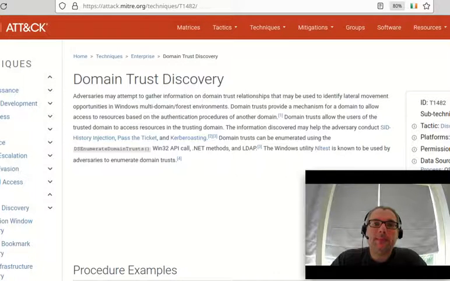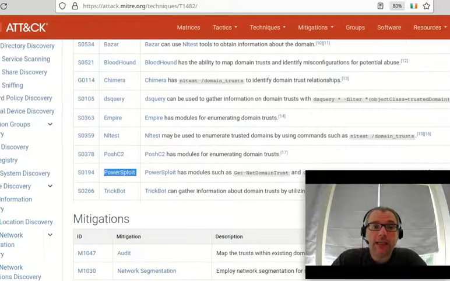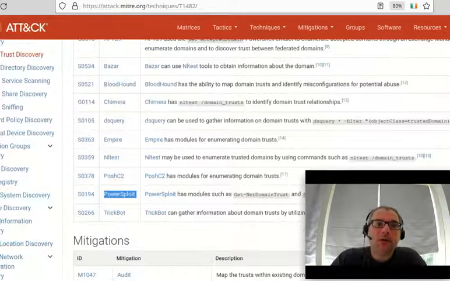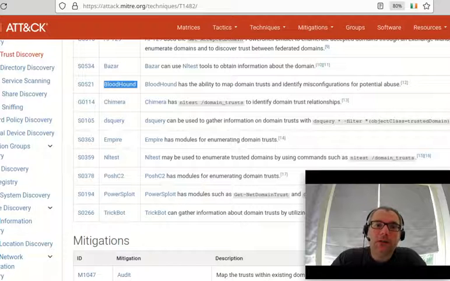You are aware of how many malware are including Bloodhound, for example. Other good tools like PowerSploit, but don't forget that it's not about the tool, it's about the concept.